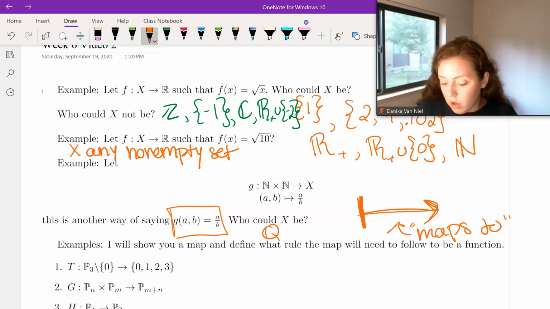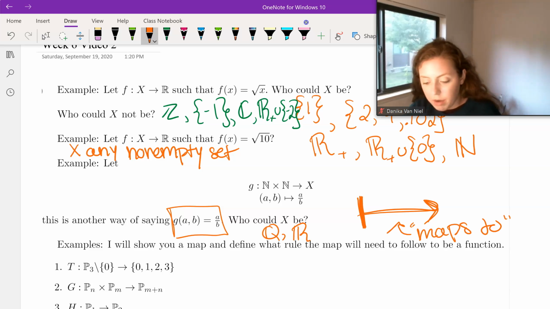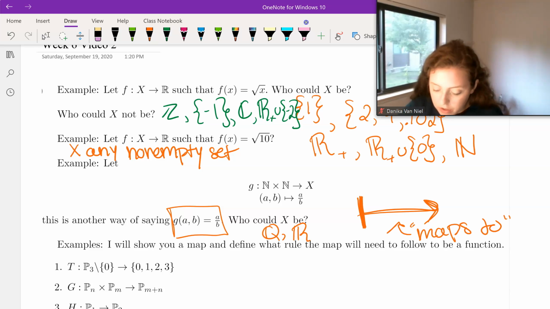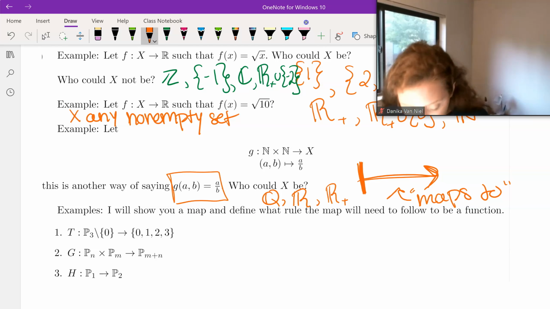So we could do that. We could talk about the reals. It couldn't be the integers because we can't always guarantee that. What if a is 1 and b is 2, for example? Yeah, we could get creative with this. Could be the positive reals.